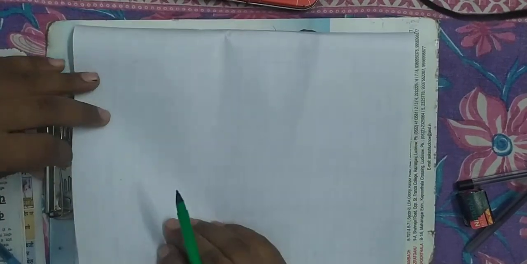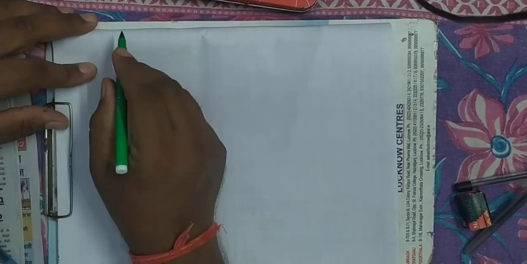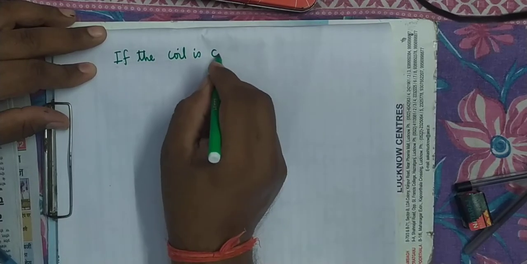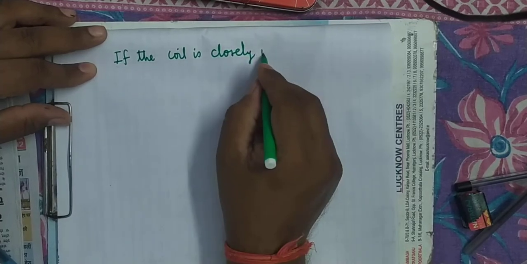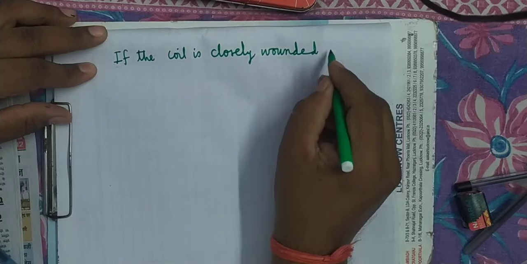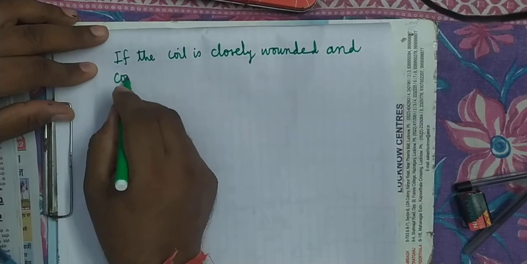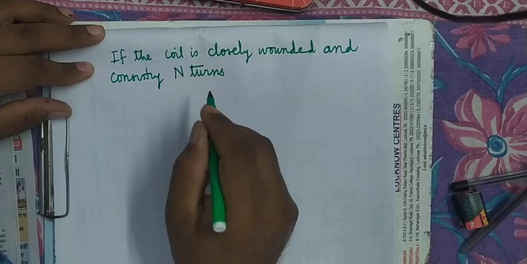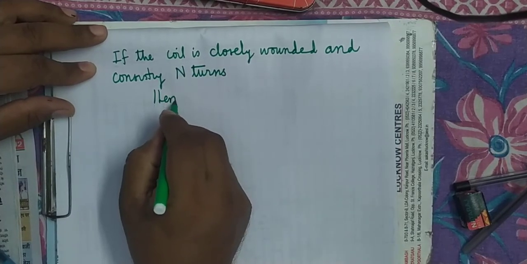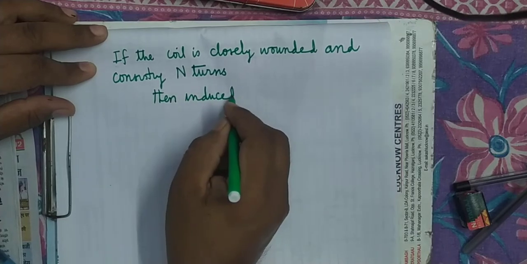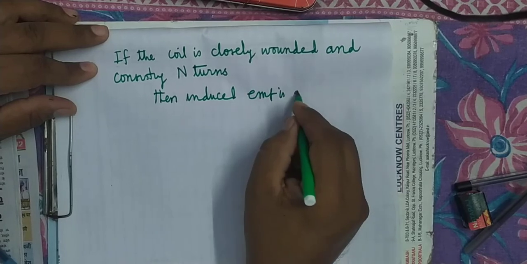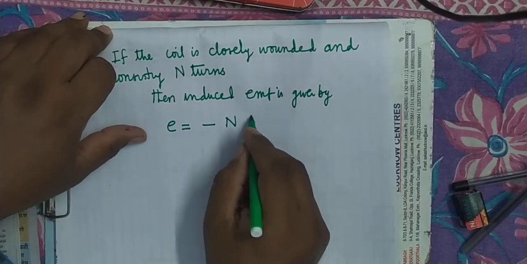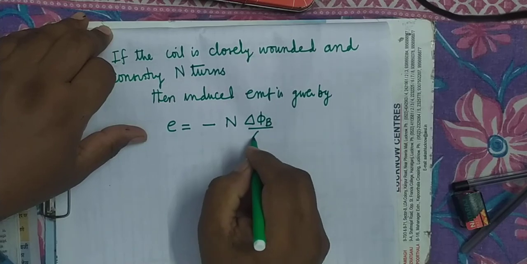So if the coil is closely wound and consisting of n turns, then induced EMF is given by E equals minus n delta phi B upon delta t.